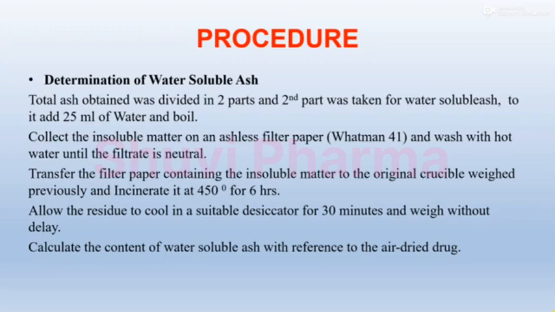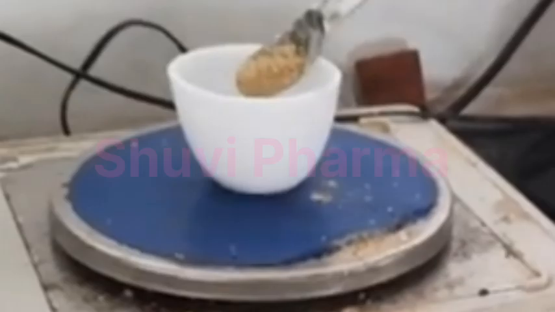Now we will perform the procedure. To perform ash value, we will require the crucible. So now we will note down the weight of the empty crucible. The weight of the empty crucible is 21.69 grams.